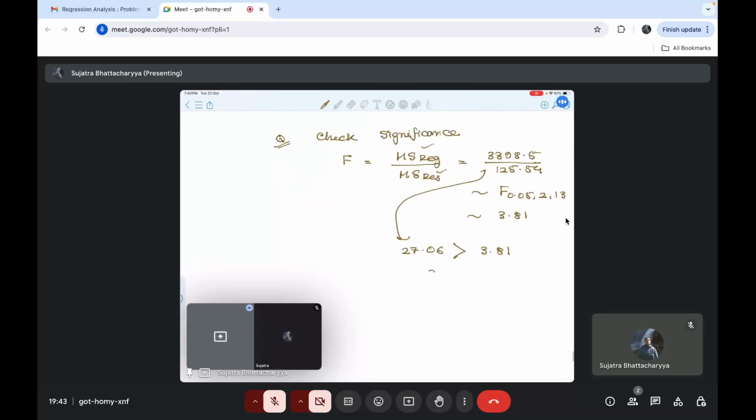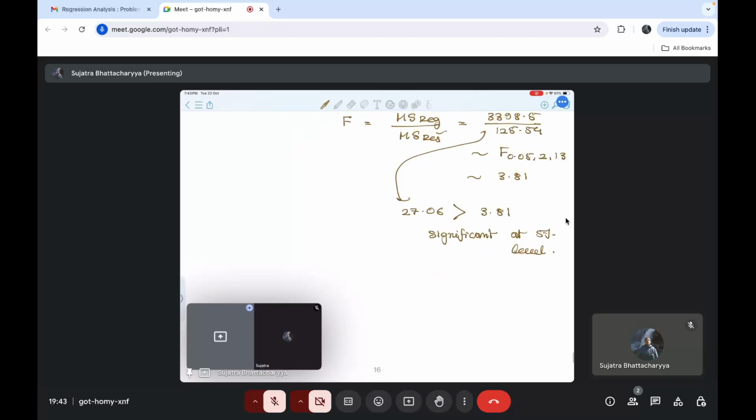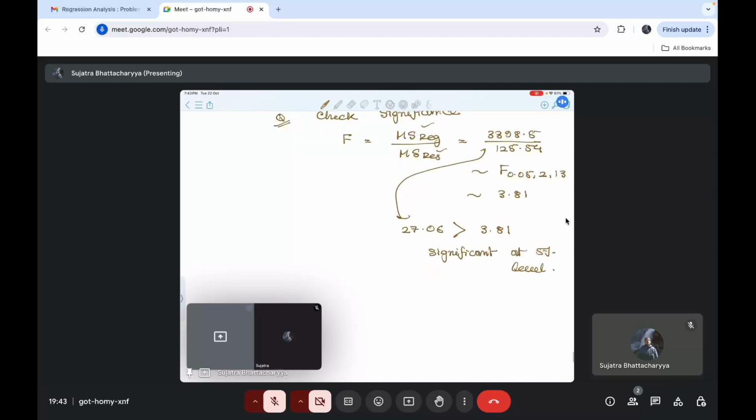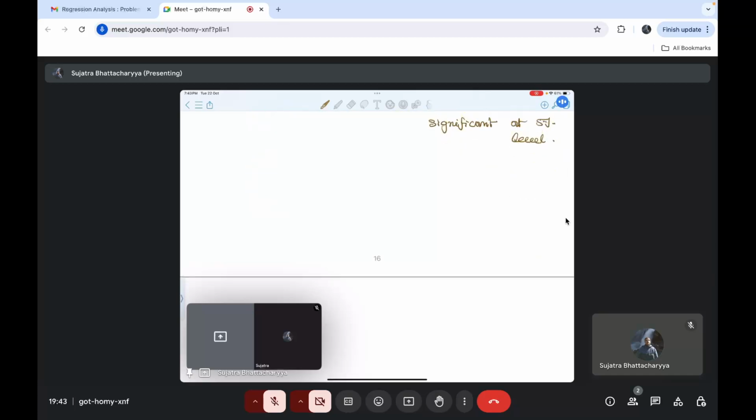Therefore, significant at 5%, right? So remember that you can always use T statistic because F is equal to T square. Fine. So once we have done this, one last question if we will do and we can end the session.